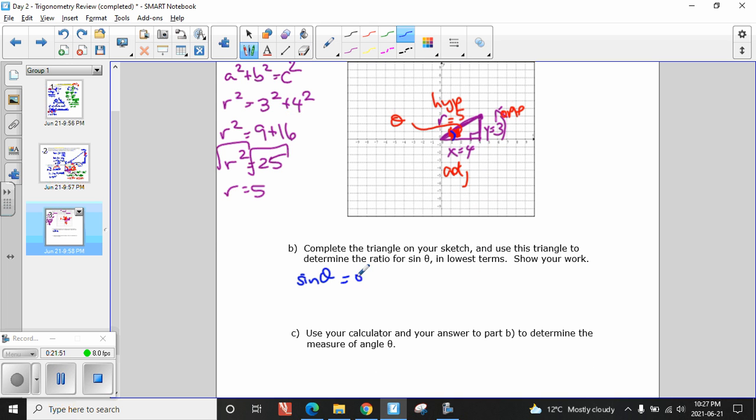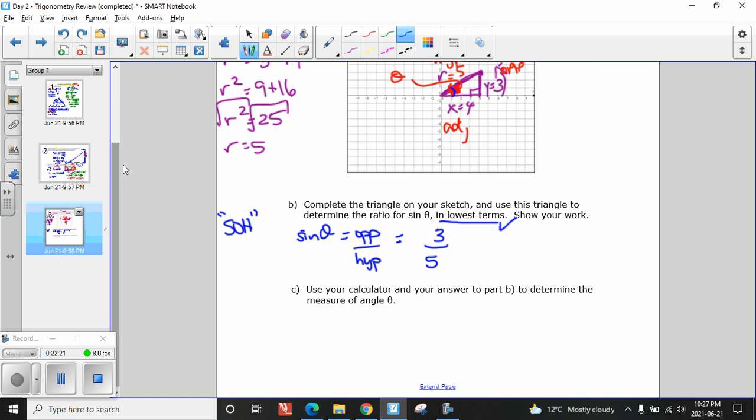Sine is opposite over hypotenuse from SOHCAHTOA. The opposite side is 3. The hypotenuse is 5. So sine theta is equal to 3 over 5. That is in lowest terms. It can't be reduced any farther.